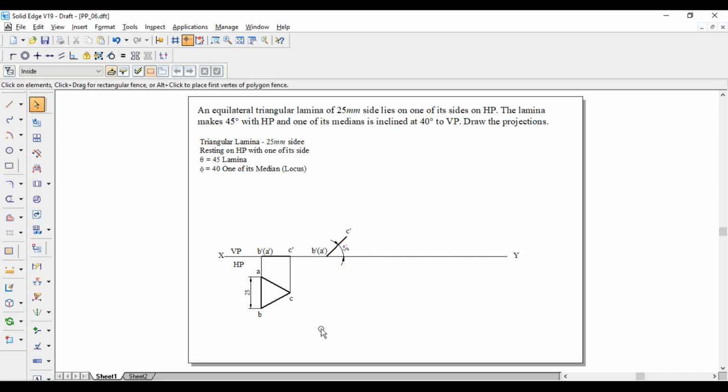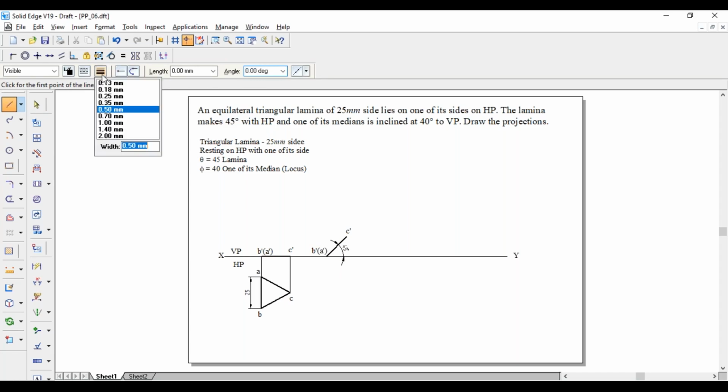Now project the points in downward direction. With the help of thin lines, project the points. So from the end point of B dash A dash, draw a line in downward direction. From C dash, draw a vertical line in downward direction. Similarly from A, draw a horizontal line. So A has to come on this line, till this line project the line. From B, it has to come on this line.